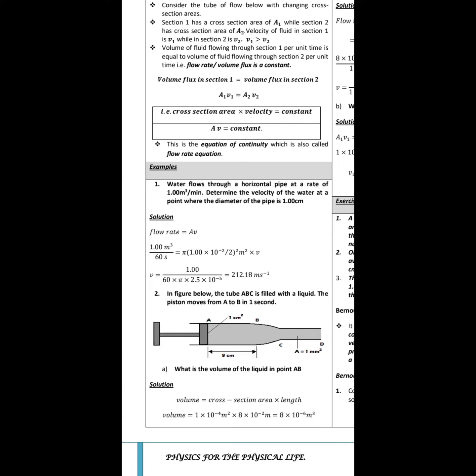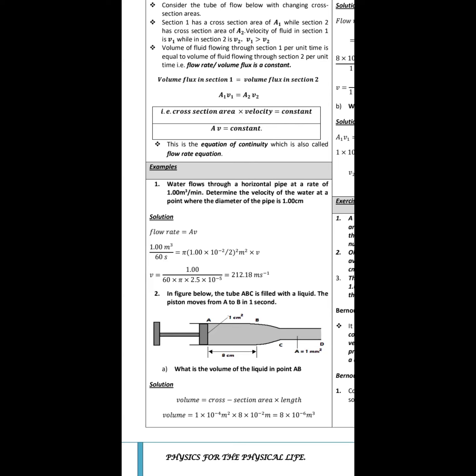Time comes in because of flux. Before we put flux, the formula is volume equals cross-sectional area multiplied by the length, and we used the length to be D.